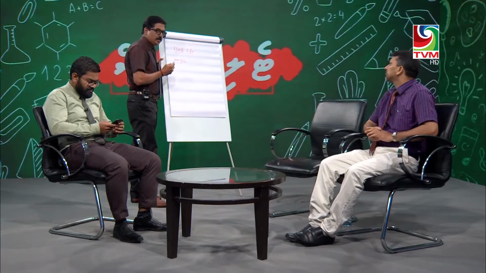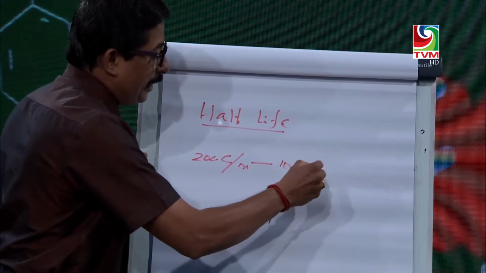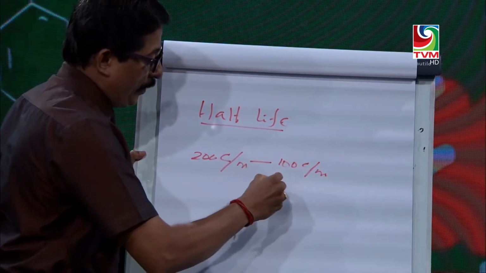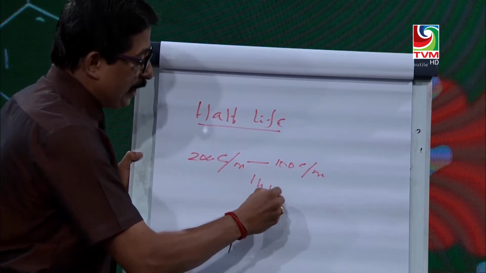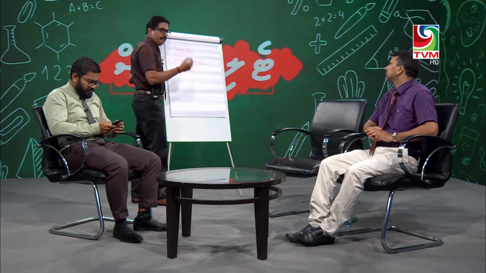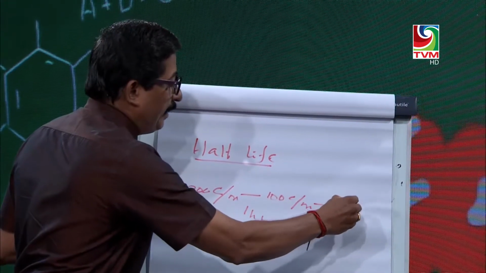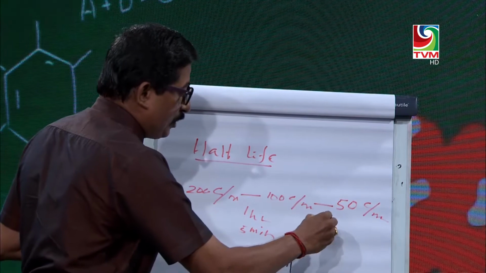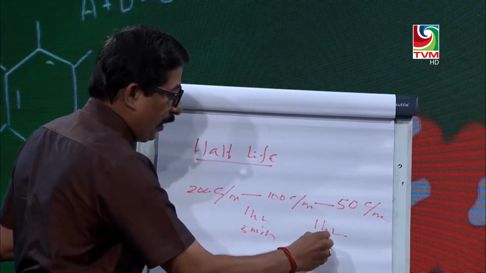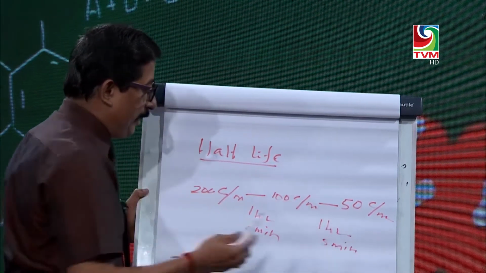This 200 counts per minute decreases to 100 counts per minute in one half-life. Say that is 5 minutes, so 5 minutes is the half-life. That 100 counts per minute again decreases to 50 counts per minute in another half-life, which is also 5 minutes.